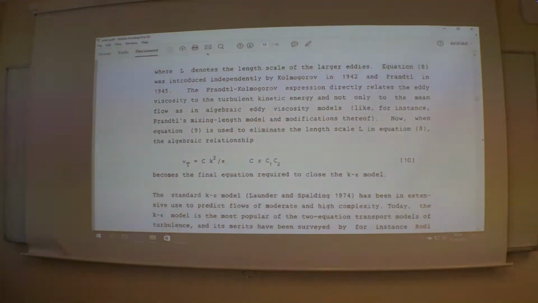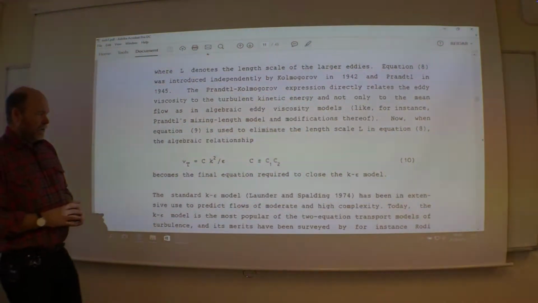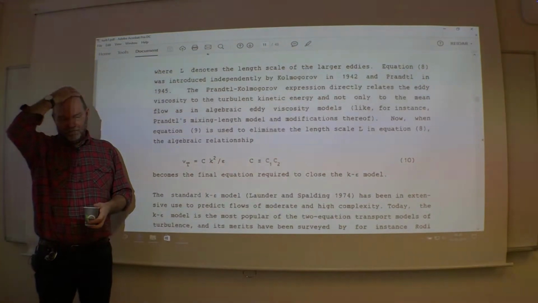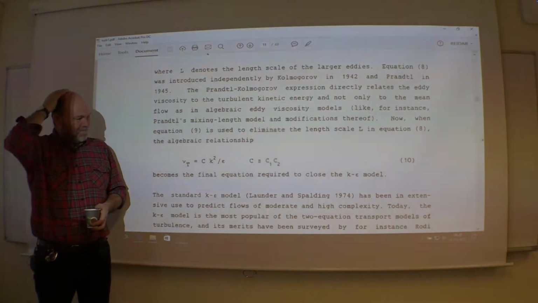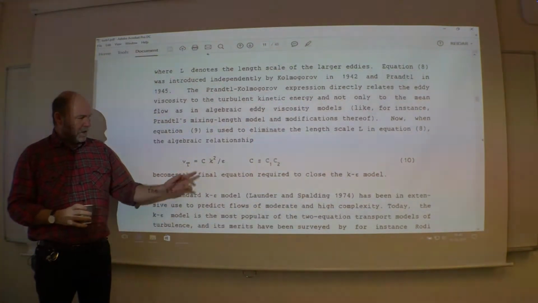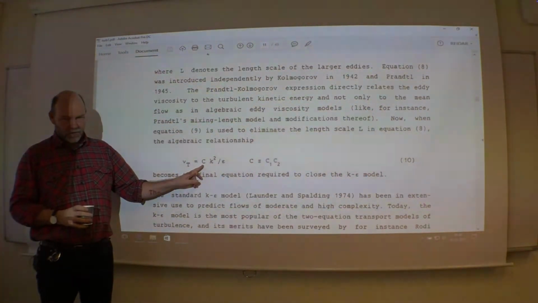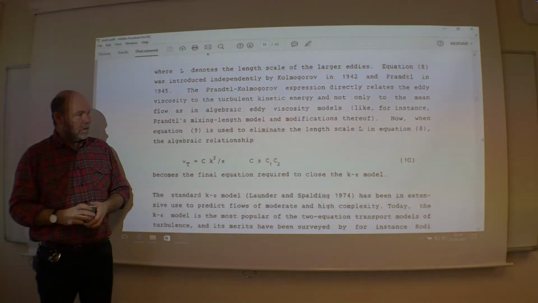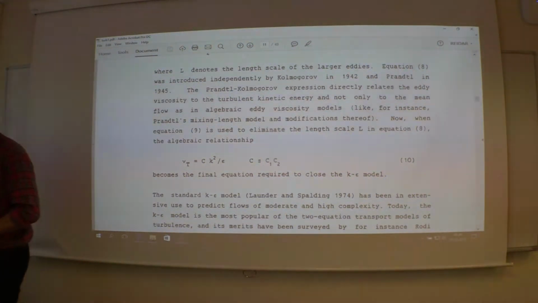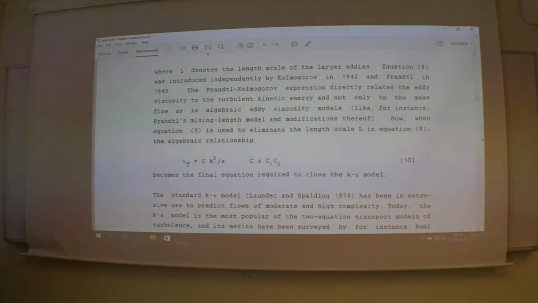This two-equation model is widely popular, the most popular in CFD, and fairly straightforward to use. You don't have that many coefficients, constants, in the model. For the classical one, I think you only have two.